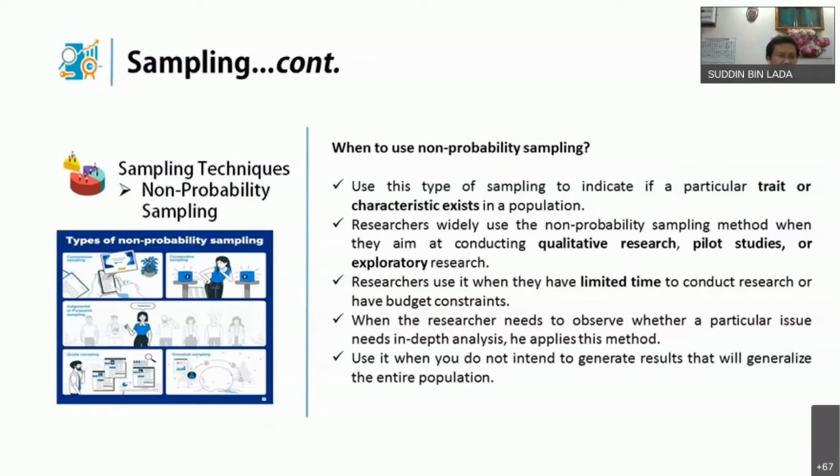The number 2, researchers widely use non-probability sampling when they aim at conducting a qualitative research or pilot study or exploratory study. Yes, this is very true because when you conduct qualitative research, we cannot use probability sampling.